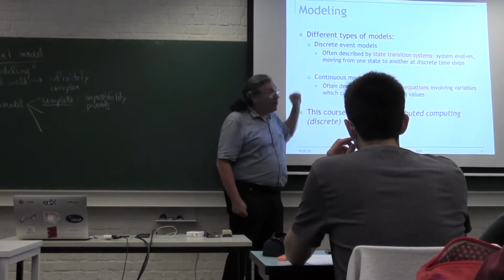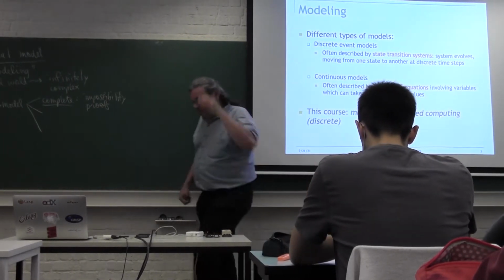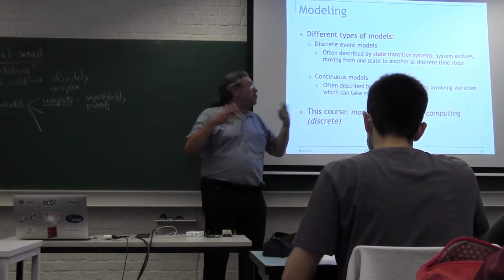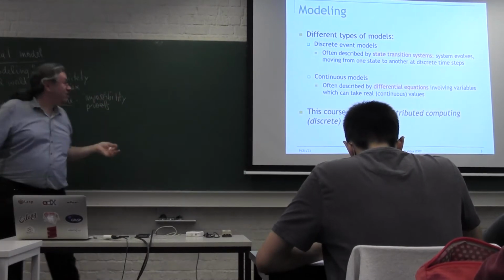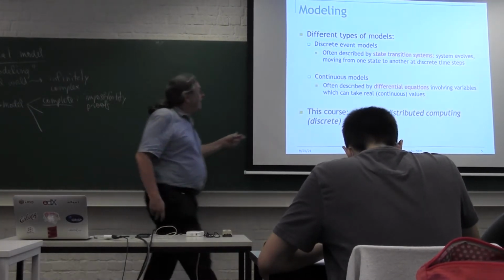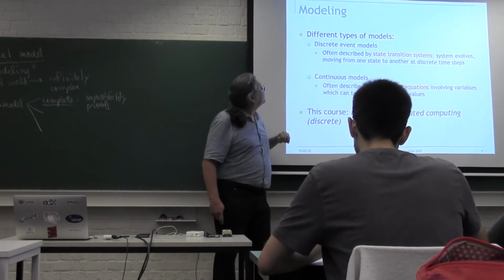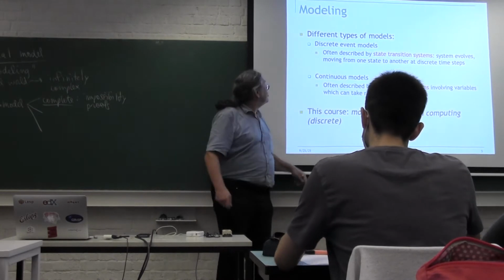A lot of people in the engineering school, they love continuous models. So this is typically differential equations. I'm sure you all have had lots of very beautiful courses on differential equations, and you love this, and it's a great approach, and you dream about differential equations. Okay, so in this course we're not going to do differential equations at all.